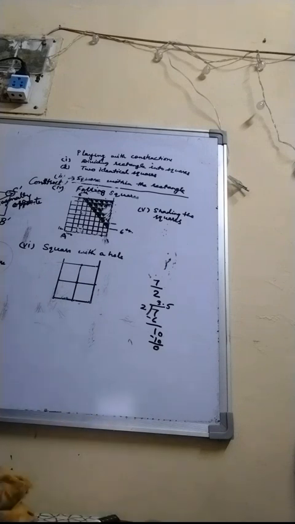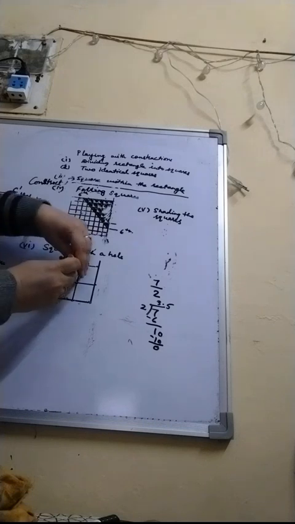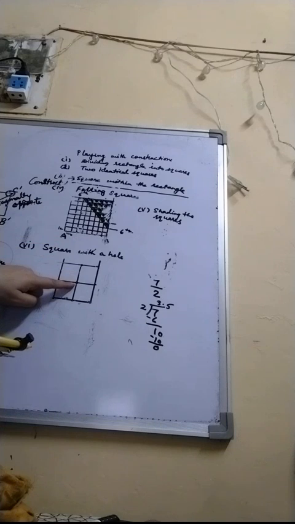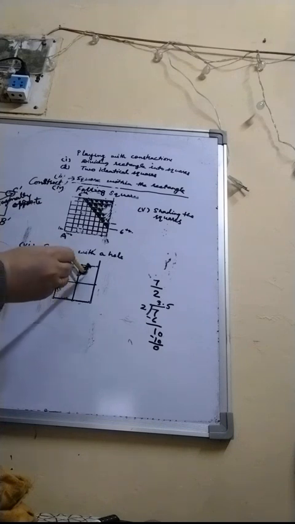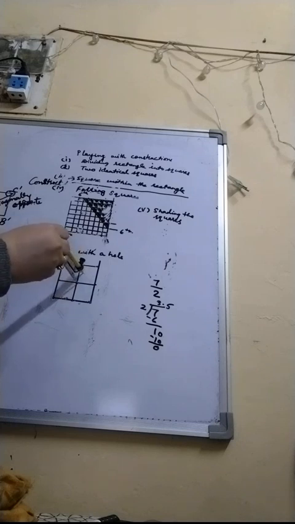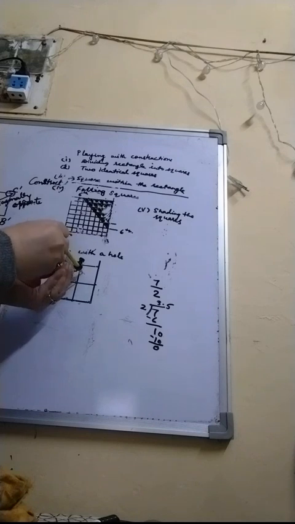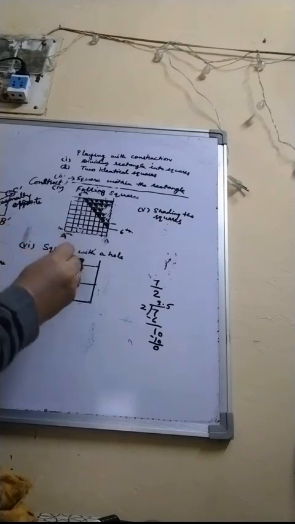Now you can take your compass, open the compass, take the crossing point where the lines have crossed, put the compass there and draw the circle.